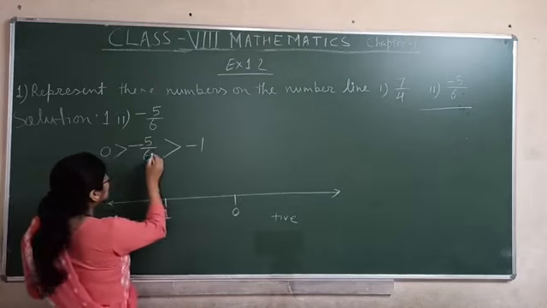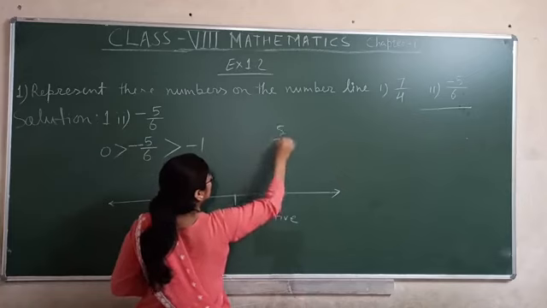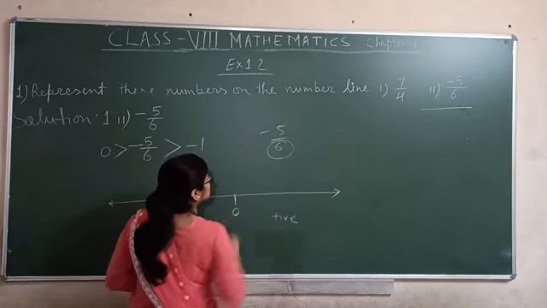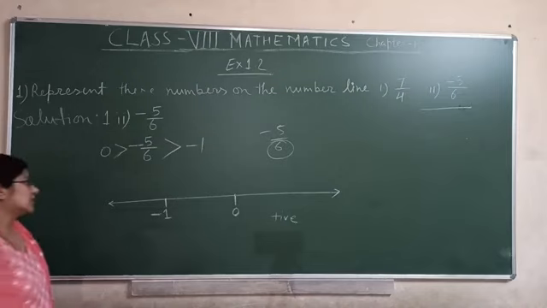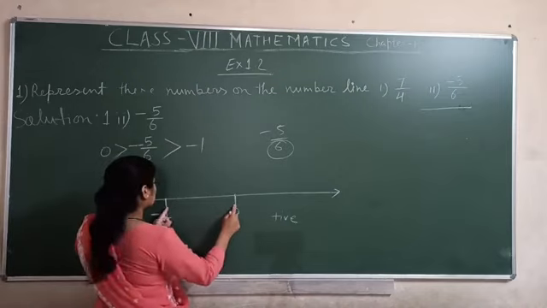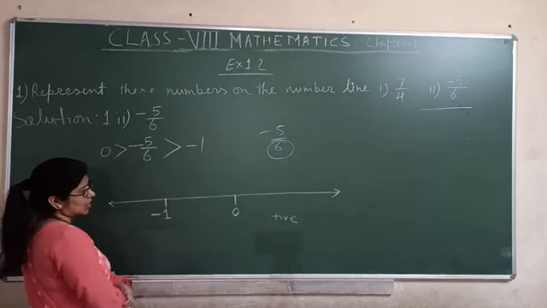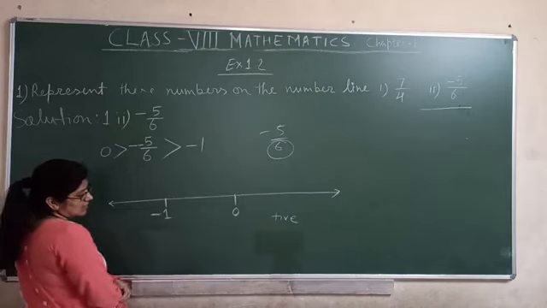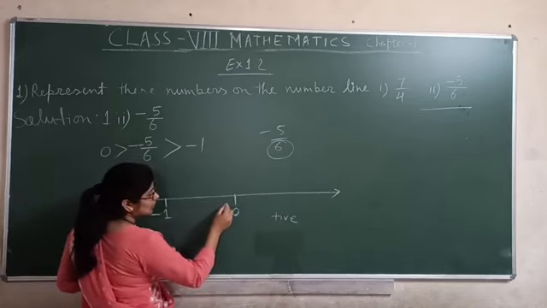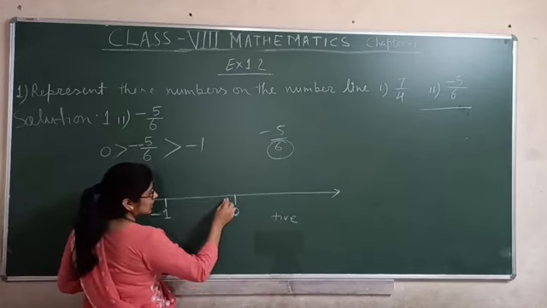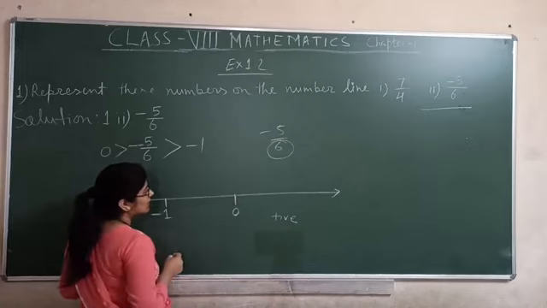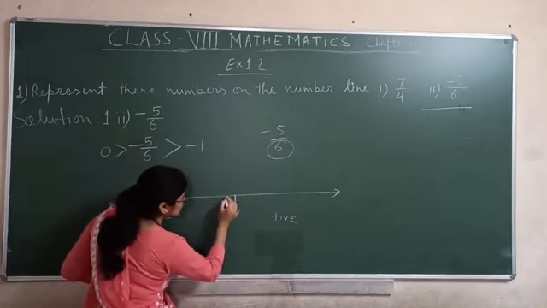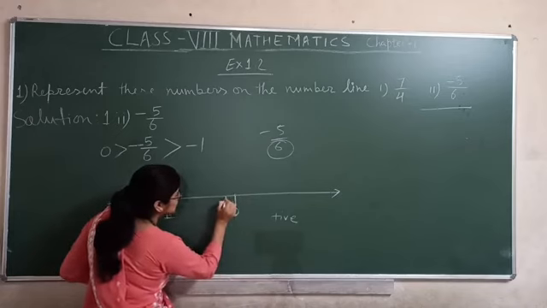Okay, now look, you have 5 by 6, so you have to look at the denominator. What is written in the denominator? 6 is written. So between 0 and 1 we have to draw 6 lines. Okay, all these lines should be equidistant. Equidistant means at equal distance. 0, 1.